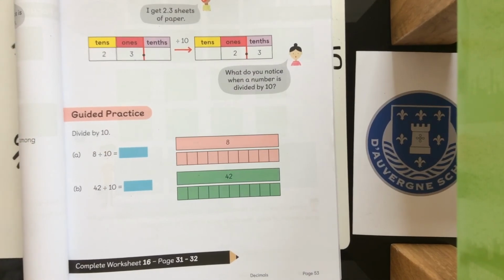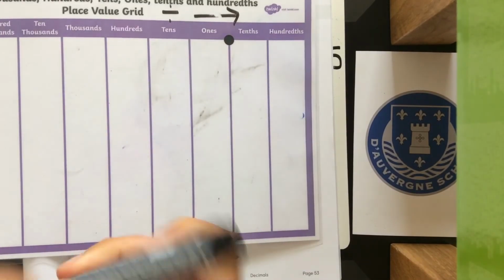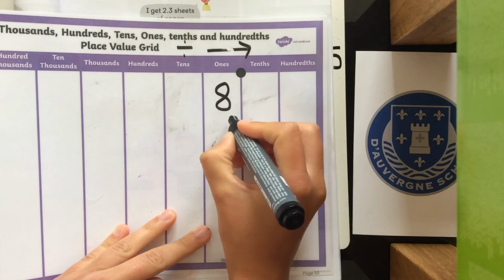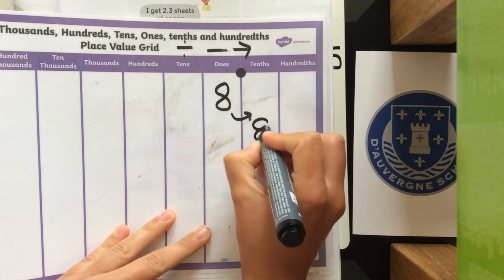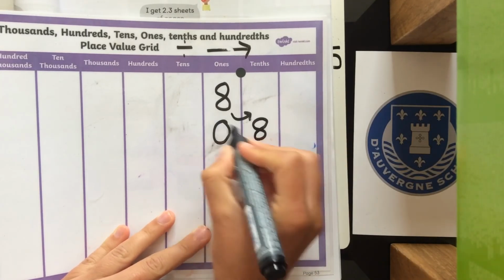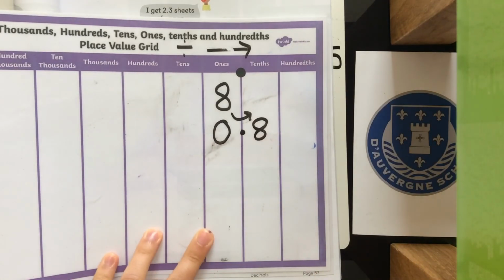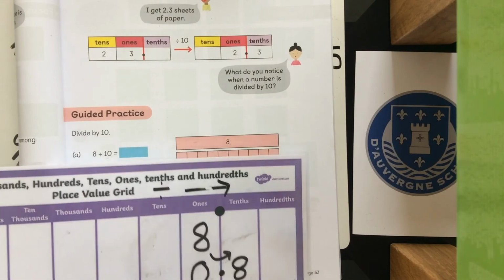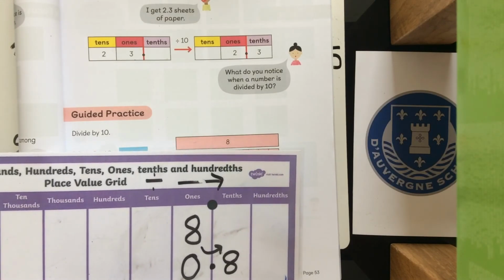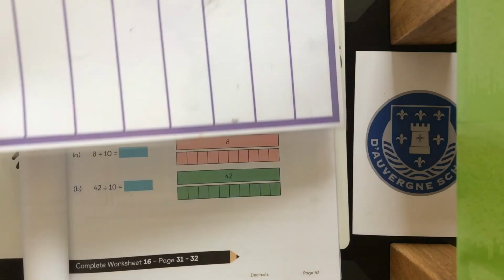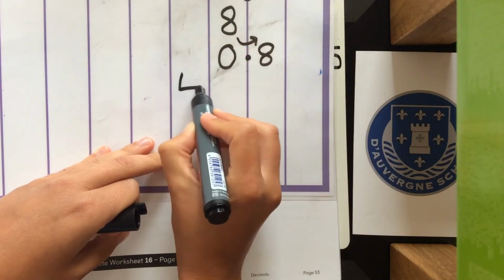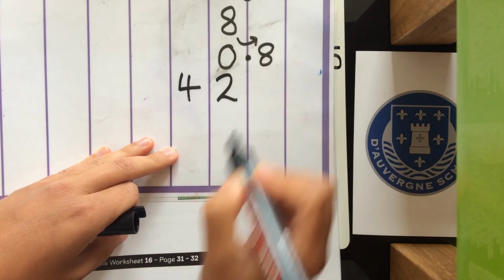So let's have a look. If I put my 8 on my place value grid, it's 8 ones. Divided by 10, we're moving it back a space into our tenths column and our 0 placeholder with a decimal point. So 8 divided by 10 equals 0.8 or 8 tenths. 42 divided by 10, so I've got 4 tens in 42 and 2 ones.